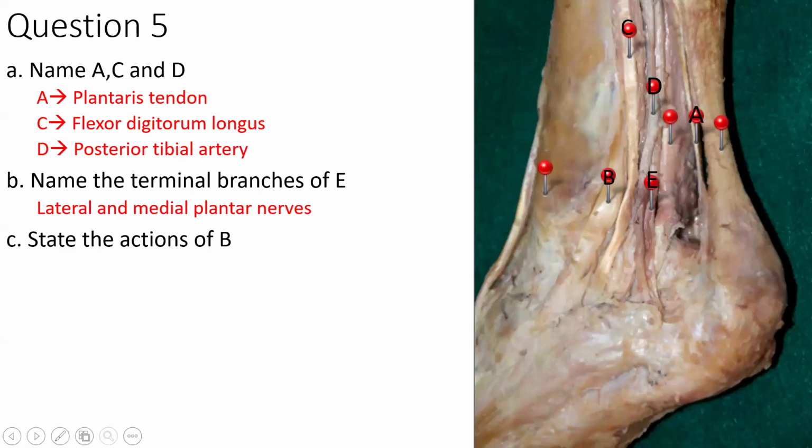You can say extension of the knee joint, or knee joint extension, or knee extension. Okay, it also maintains the medial longitudinal arch of the foot. I totally agree. Yeah, so subtalar inversion. Wonderful.